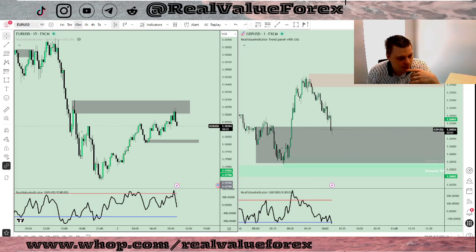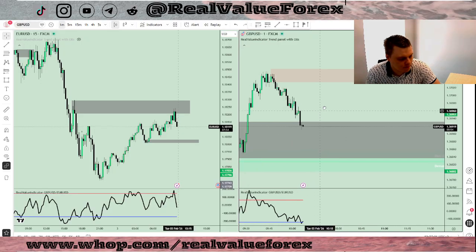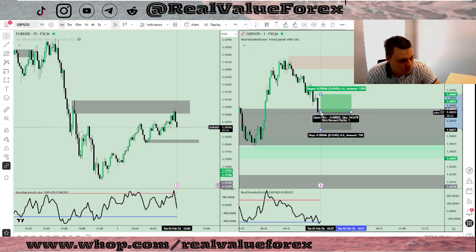Okay, I went in, it was maybe a mistake, it was actually red, but I just went in here, a little mistake. If you want a better entry, wait for a green candle, but I thought it would close green.